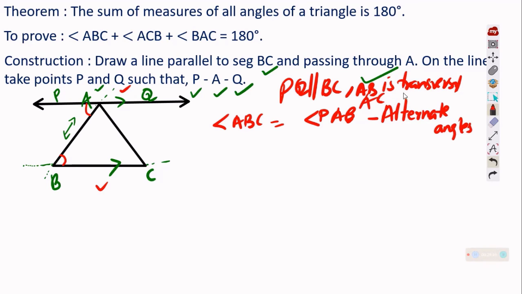AC is also a transversal. Now angle ABC is equal to angle PAB because they are alternate angles. Then again angle ACB, this angle, ACB is congruent to this angle QAC.